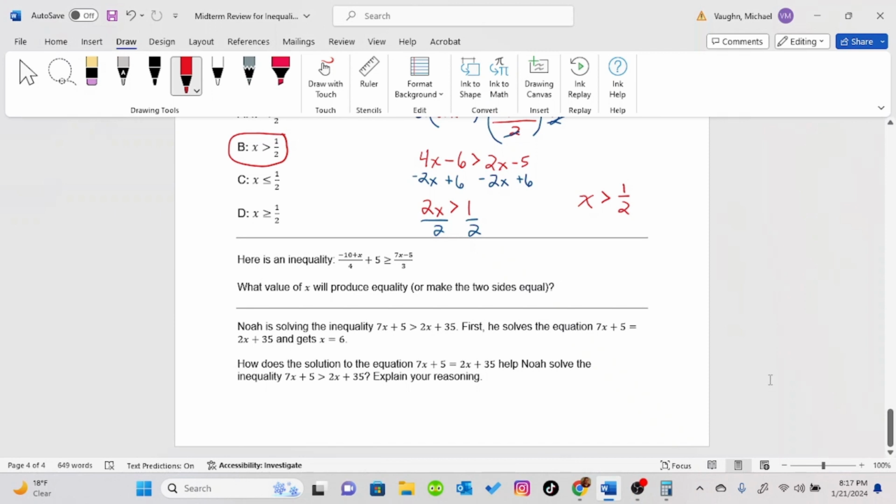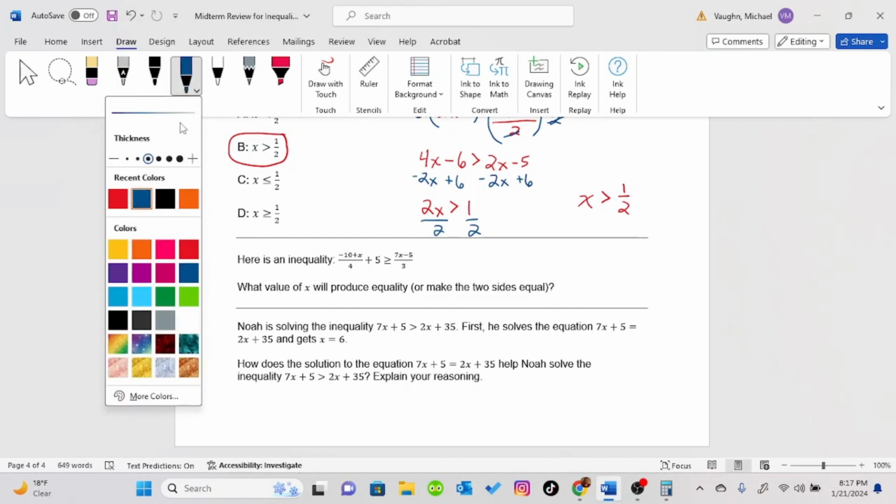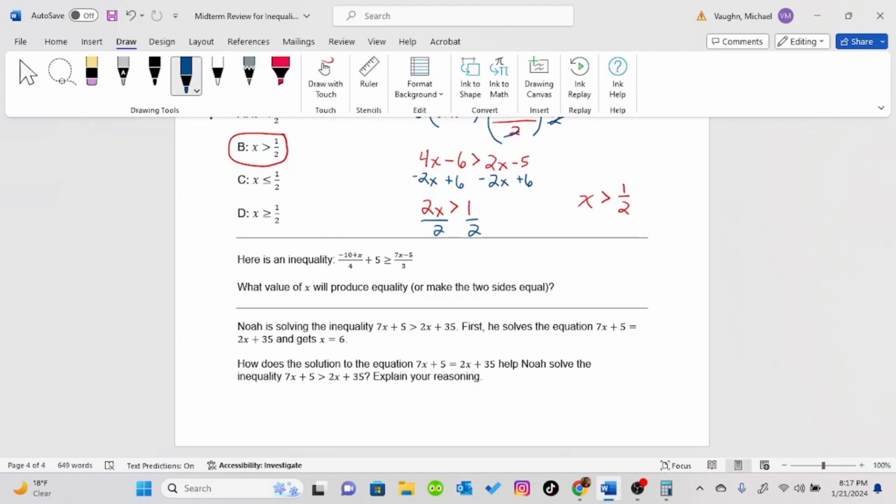Here is an inequality. Negative 10 plus x divided by 4 plus 5 is greater than or equal to 7x minus 5 divided by 3. What value of x will produce equality or make the two sides equal? So what I want to do is multiply both sides by the least common multiple. The least common multiple for 4 and 3 is 12.